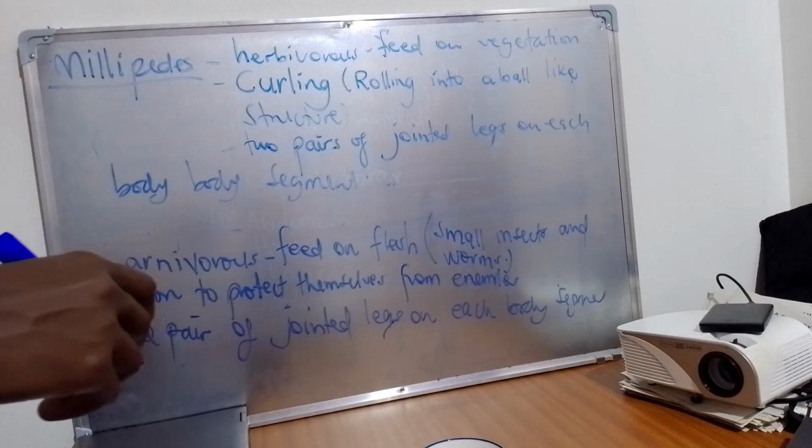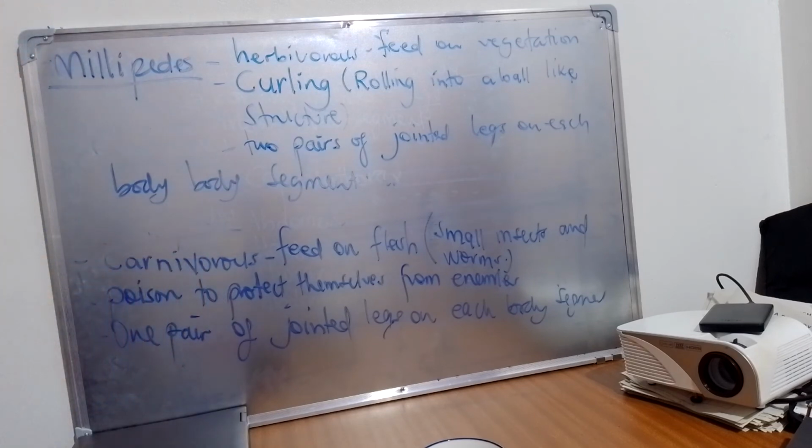While centipedes have one pair of jointed legs on each body segment, millipedes have two pairs of jointed legs on each body segment. So the two examples of myriapods are centipedes and millipedes.